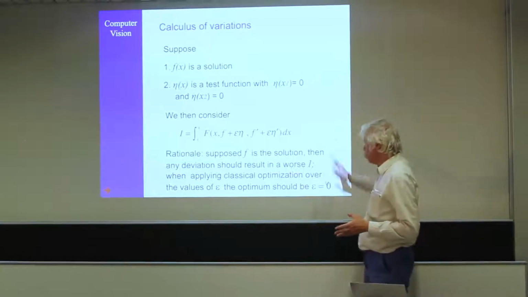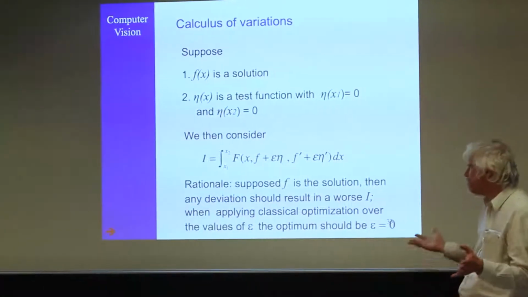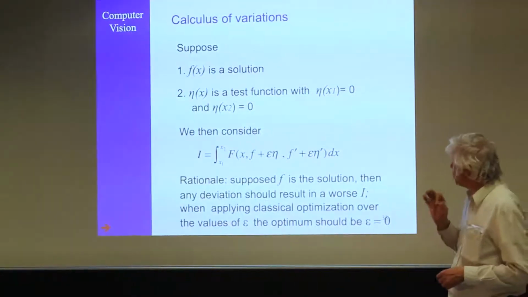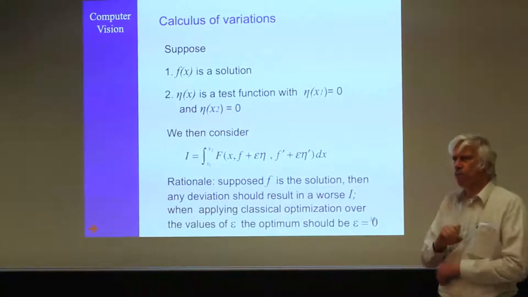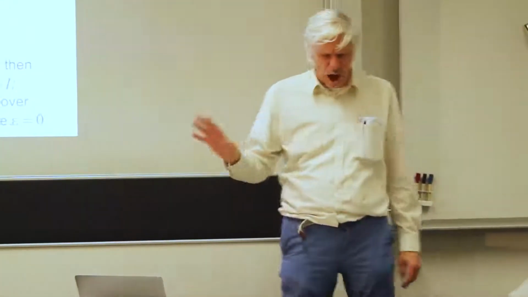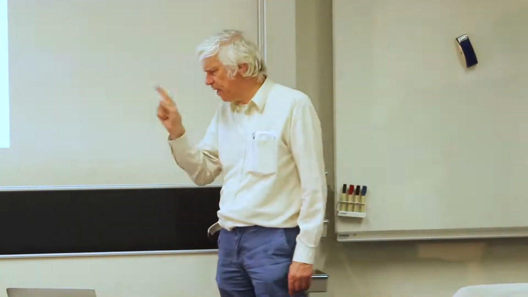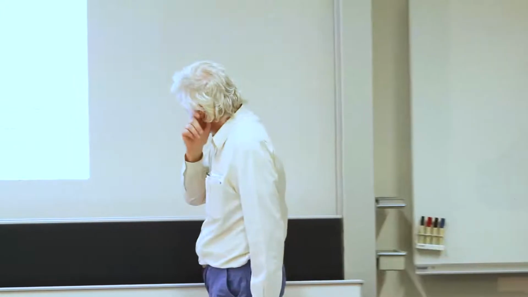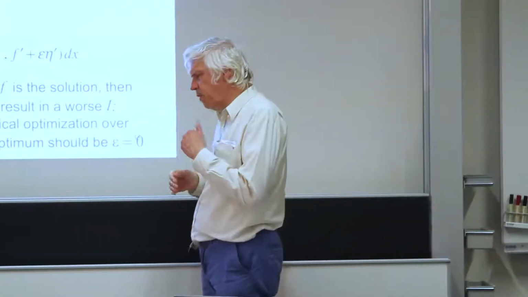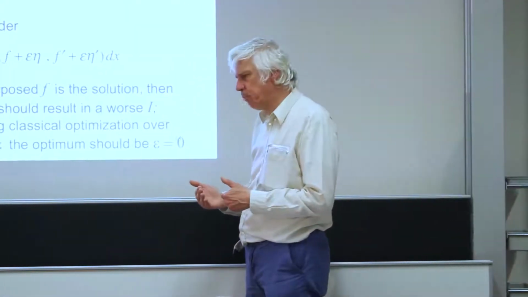Now, if f is a solution, then any deviation should result in something worse, right? And that would mean that the best epsilon you can possibly choose would be epsilon 0. No deviation. That's the best thing you can do if f is to be the real solution. But that now means also we have in fact reformulated our problem into a classical optimization problem.